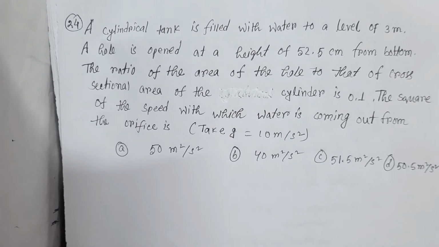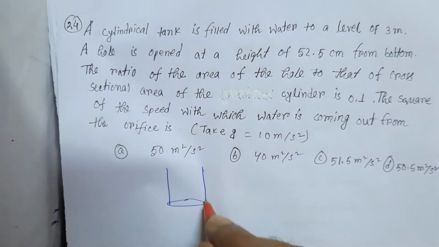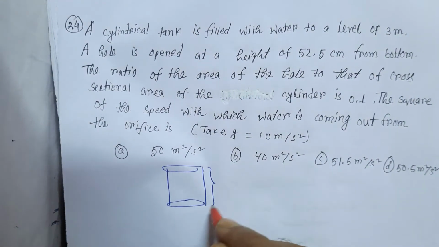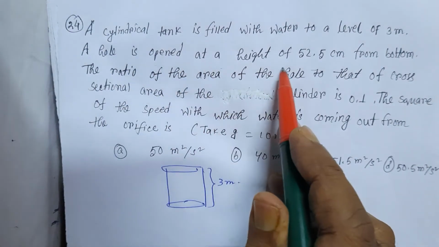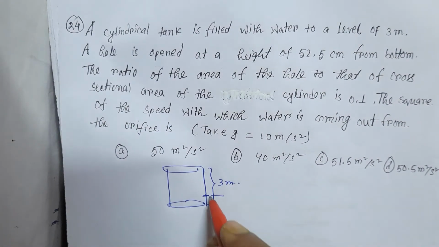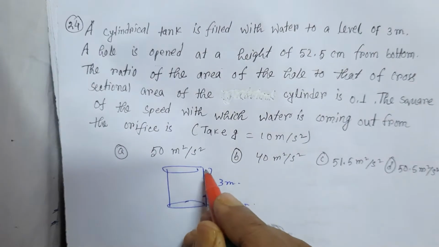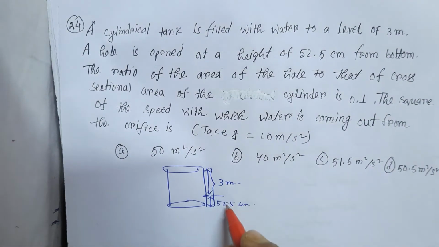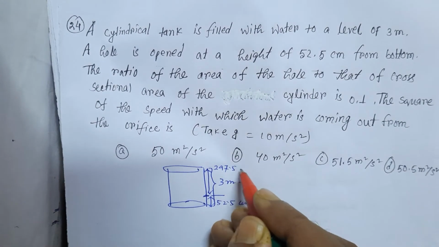The square of the speed with which water is coming out from the orifice is. Now here is a cylindrical vessel which is 3 meter high, and a hole is opened at a height 52.5 centimeter from the bottom. So from the top the height is 300 minus 52.5, that is 247.5 centimeter.